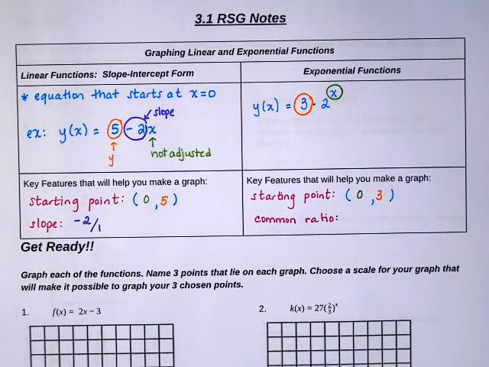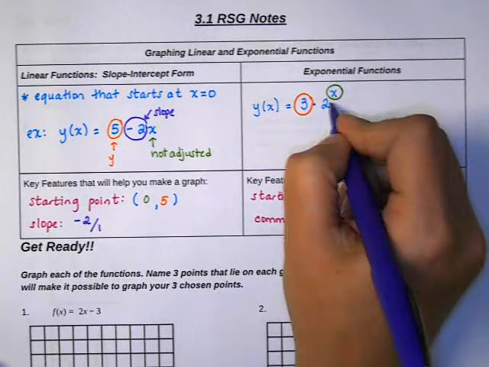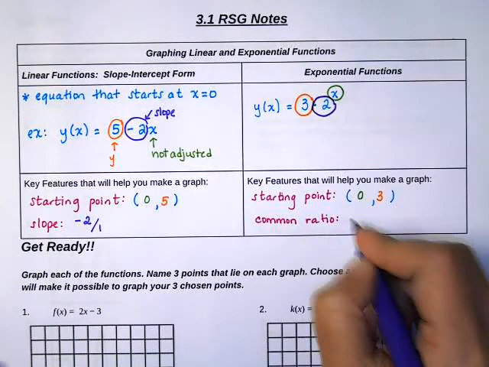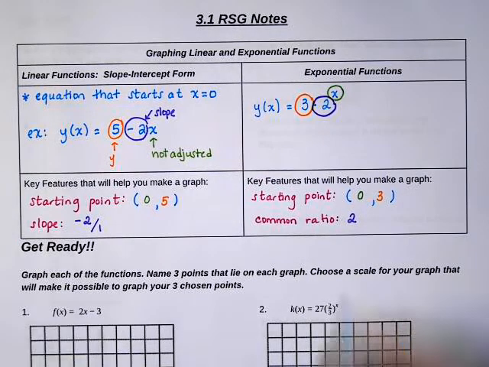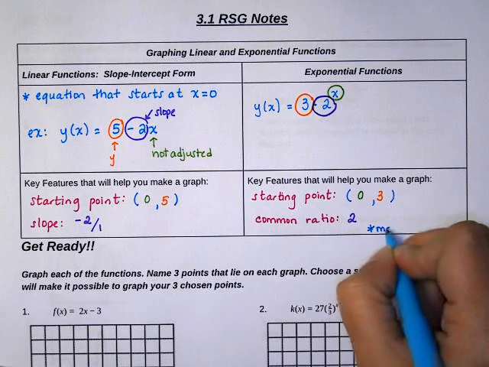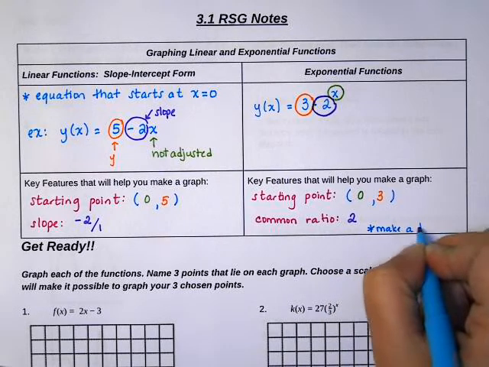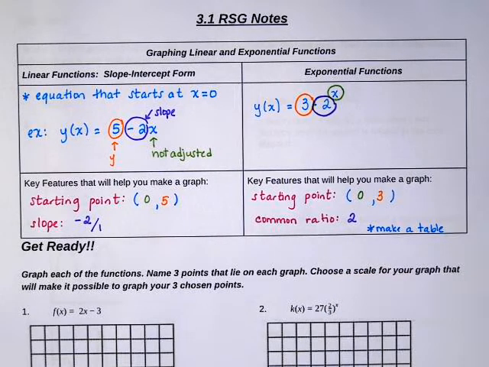The number that we're multiplying by each time is in the middle, and that would be the 2. After I have that information, it's important to remember that we're going to make a table in order to get some points to graph for this one, because we don't have a slope that tells us how to just draw more points.